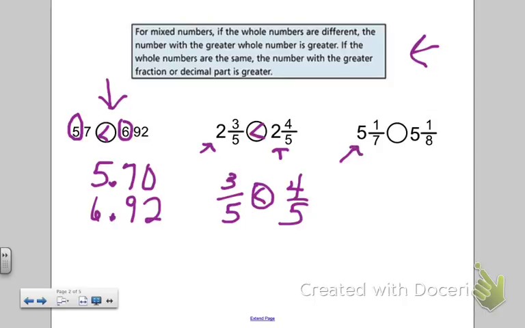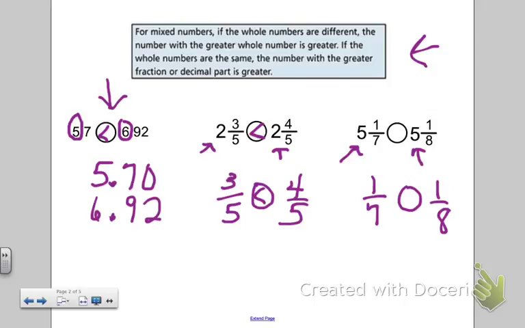In this next example, once again, we have whole numbers that are the same. We both have 5 here, so we're going to have to focus on the fractions and compare them. So I have to compare 1/7 to 1/8. Now this time, the numerators are the same, the denominators are the ones that are different. So I have to compare those denominators.